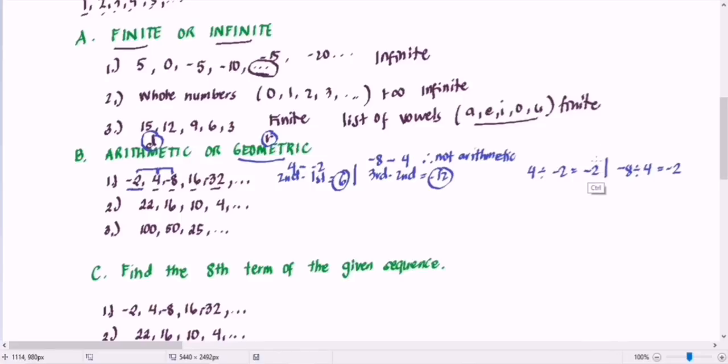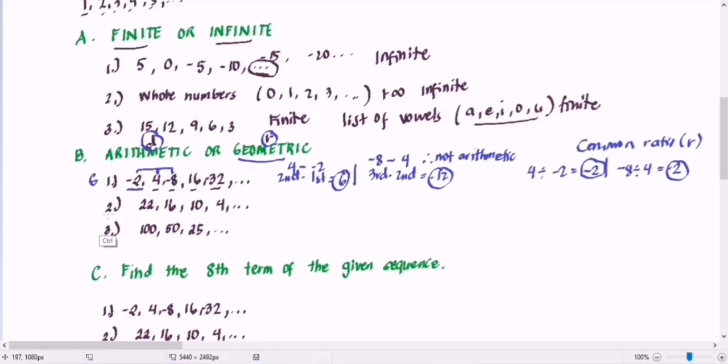Kung mapapansin nyo, parehas yung unang sagot sa pangalawang sagot. Therefore, it's common. Since nag-divide tayo, common ratio ang tawag, denoted as small letter r. So, since meron tayong common ratio, the answer in number 1 is geometric, not arithmetic.